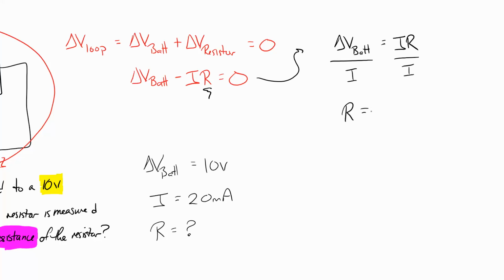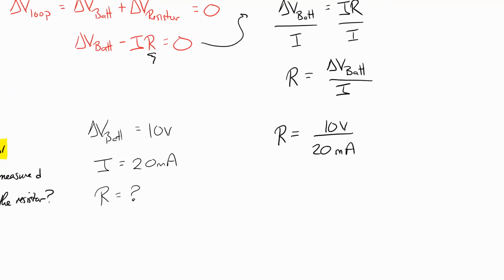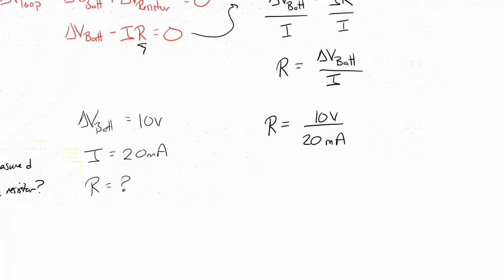So I'll have R equals delta V battery, which I know, divided by I, which I know. So R equals 10 volts divided by 20 milliamps. But now I've got to be careful because milliamps, that's not the base SI unit. Oh, incidentally, solve for the quantity we want, plug in values and evaluate. We jumped right ahead to step 5 here. Well, milli, oh goodness, that's not what I wanted to have happen.